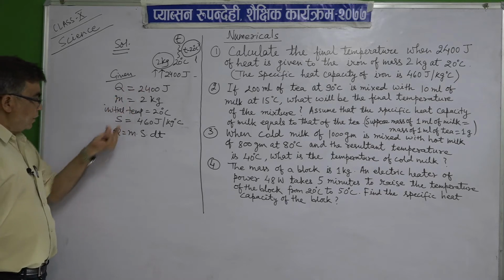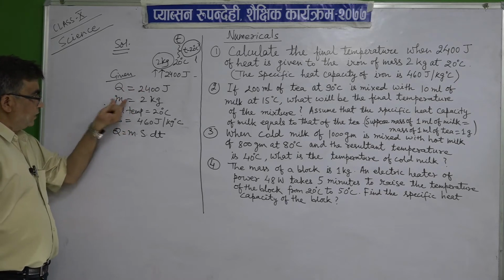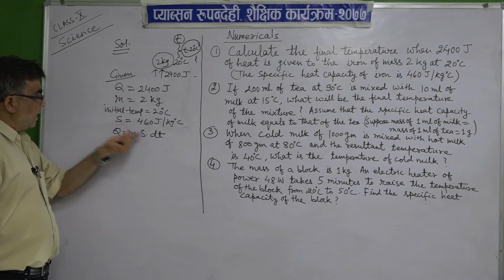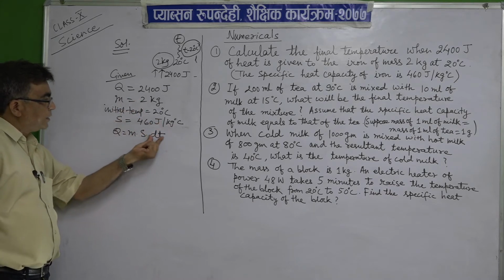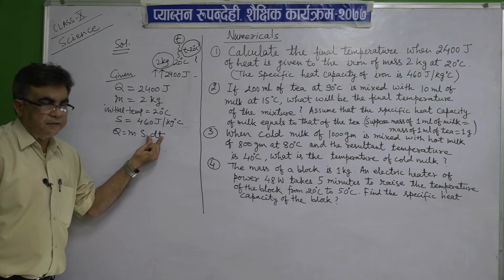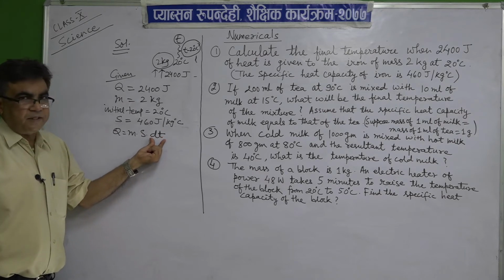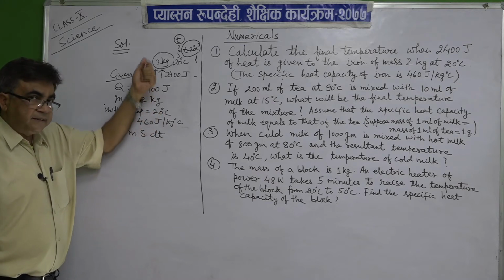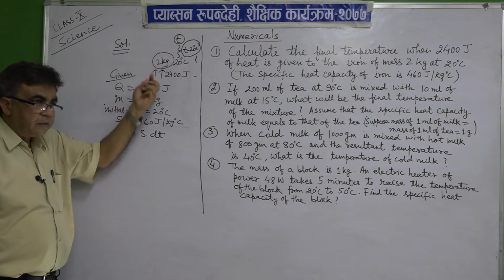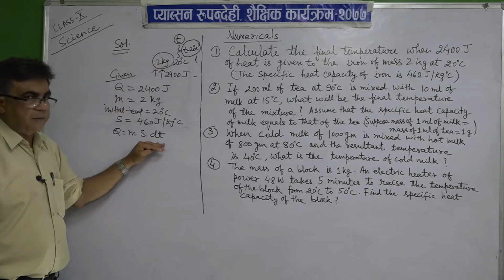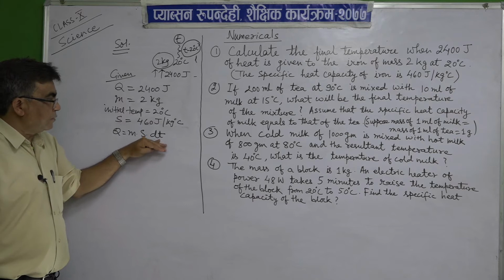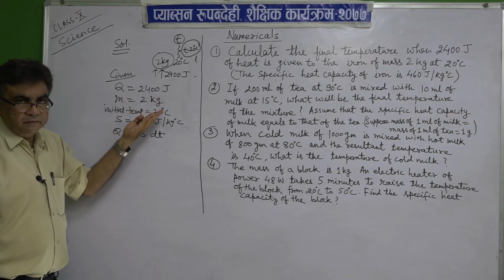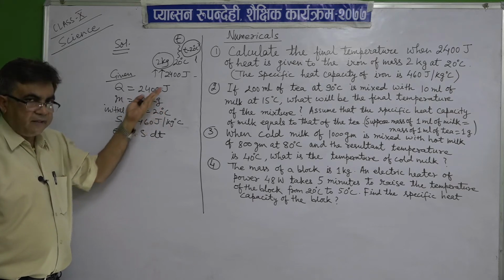Q is given, M is given, S is given, dt is the temperature difference. So, what will be the temperature difference? Initial temperature is known. So, if you suppose the final temperature, then you can write the temperature difference, or you can calculate dt. After that you can find out the final temperature also.